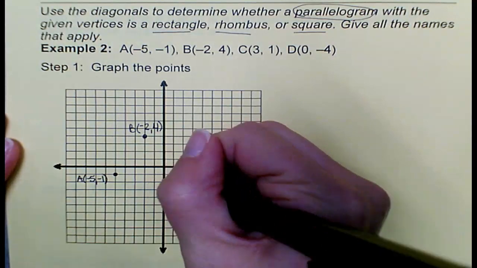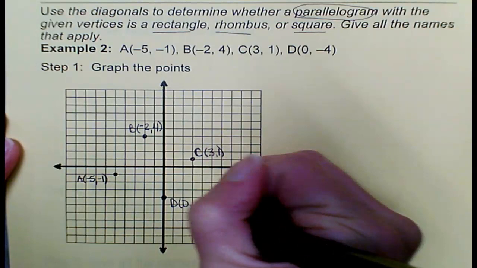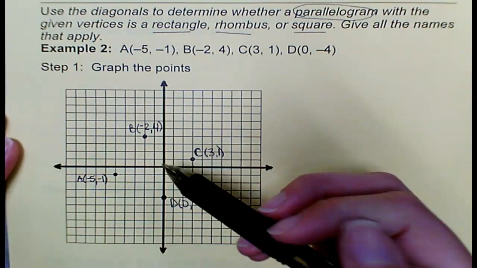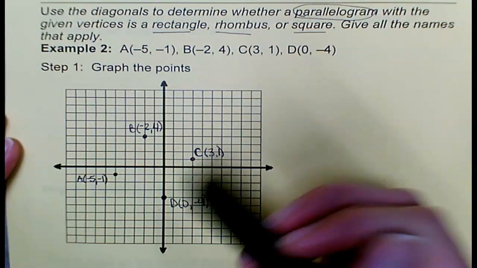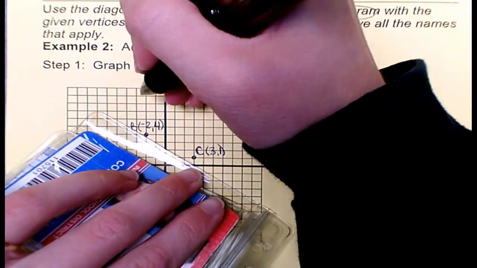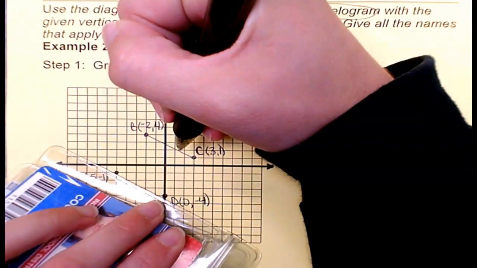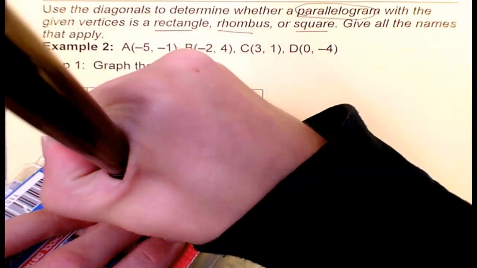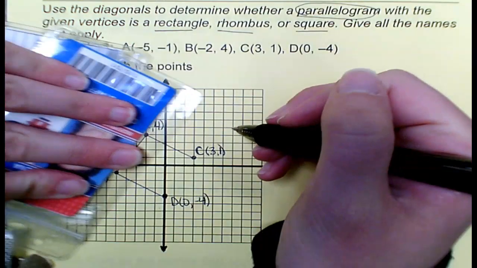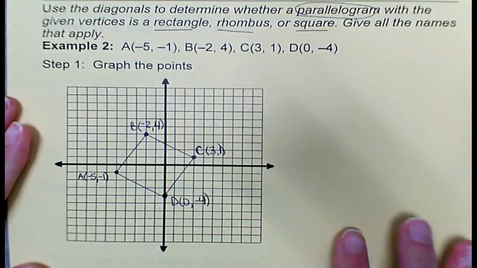And D is at 0, -4. Okay, so A, B, C, D. I'm going to go ahead and use a straight edge to create my parallelogram. Looks good.